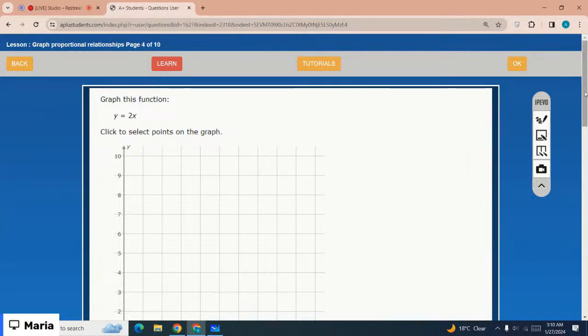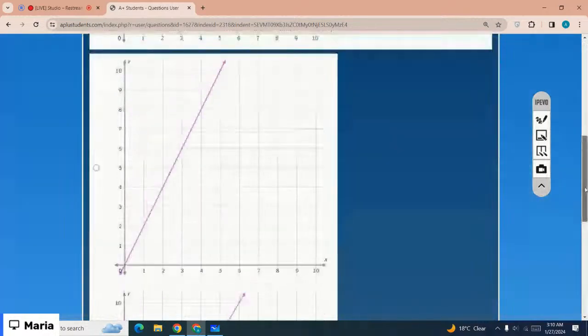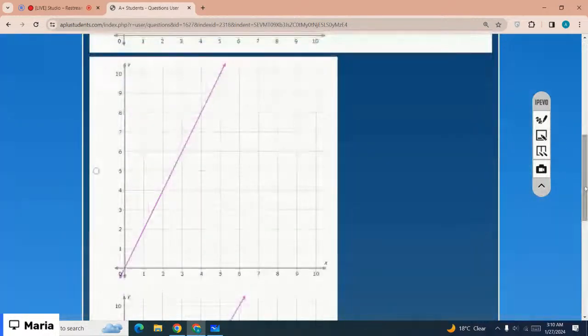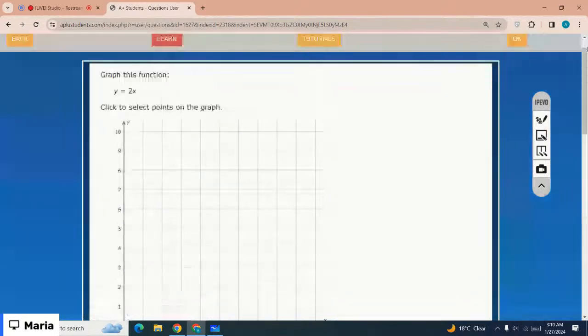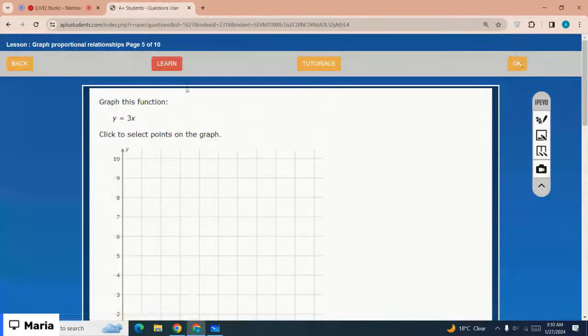So which is the correct option? Here are the two graphs for the equation y equals 2x. The correct option is option number 1. Got it? Okay, you can complete the lesson by yourself later today. Let me just move on to the next lesson.